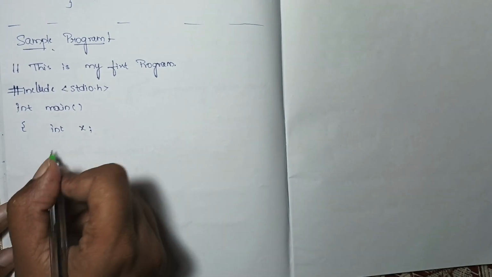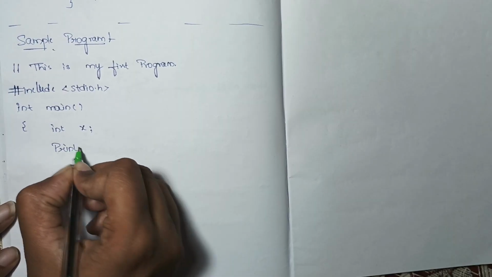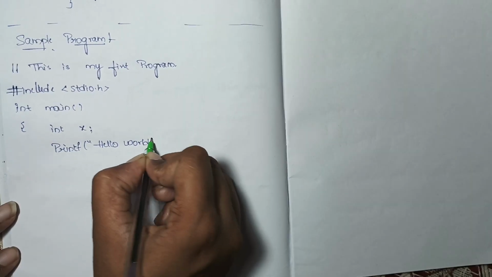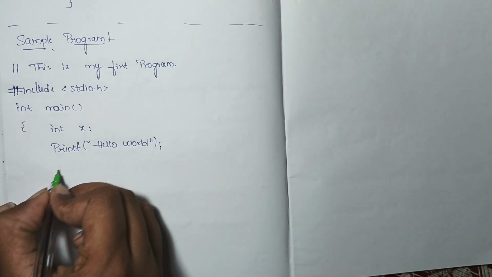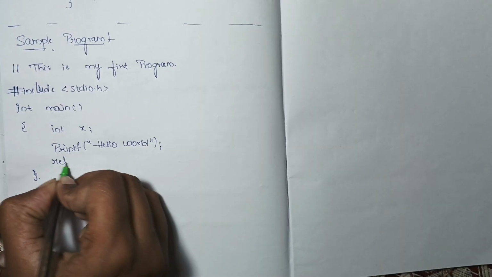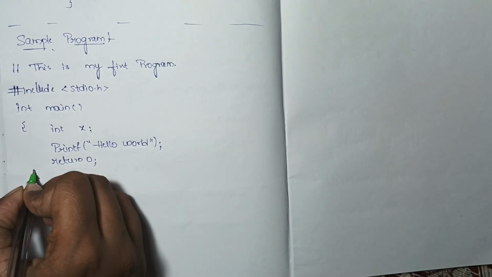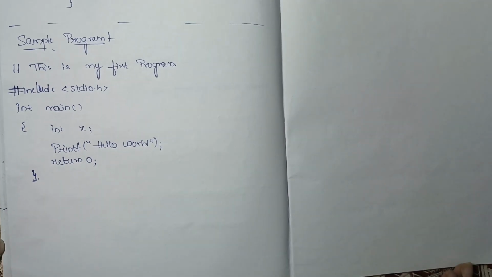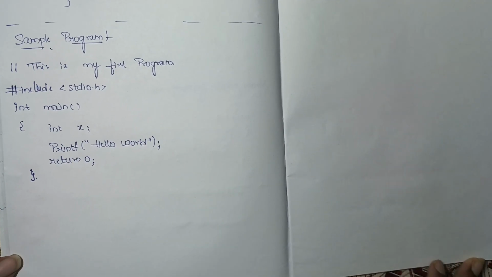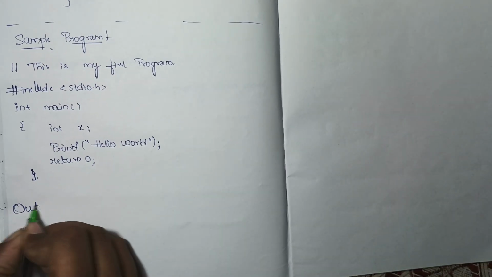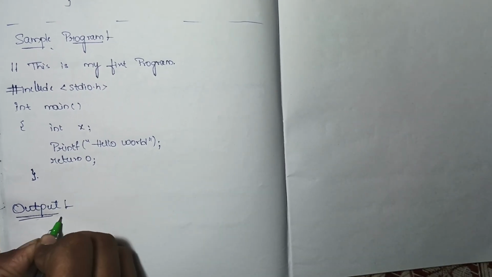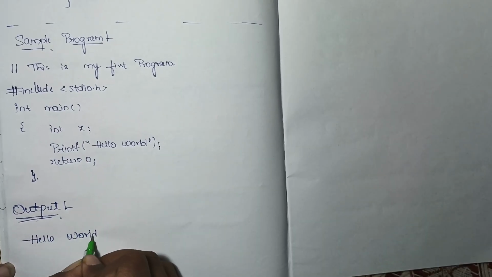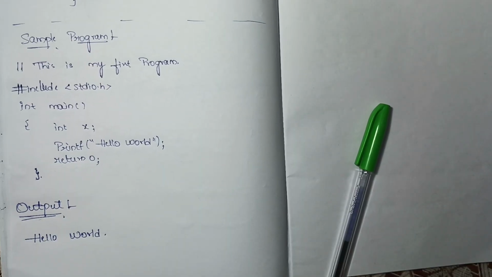Now printf hello world. Then return 0. Okay, this is my first program, and just think what will be my output after executing: hello world will be printed on my screen. That's it, my first program is done.